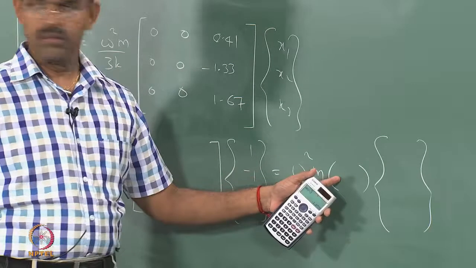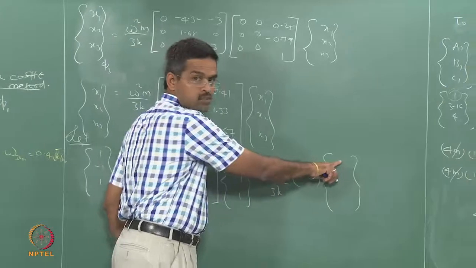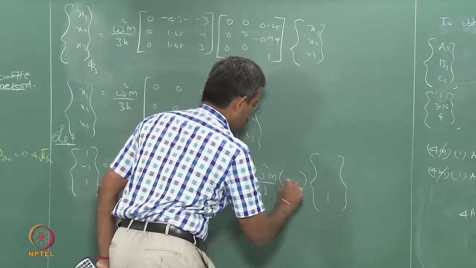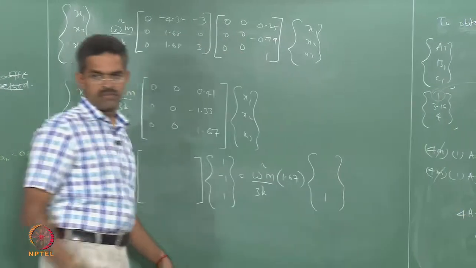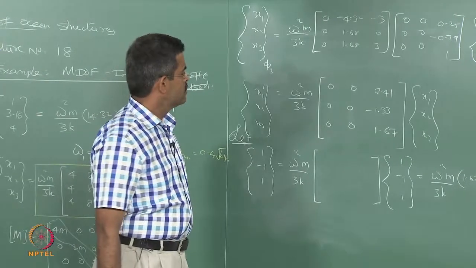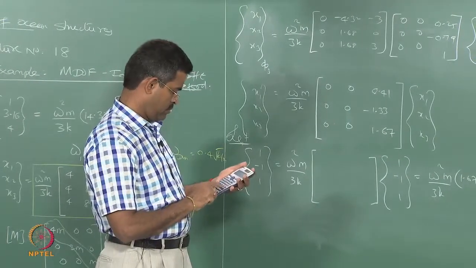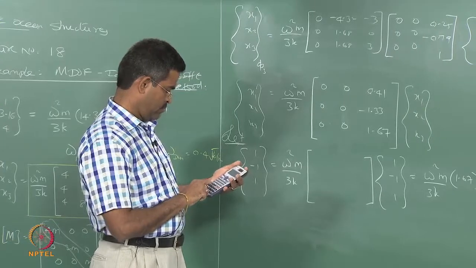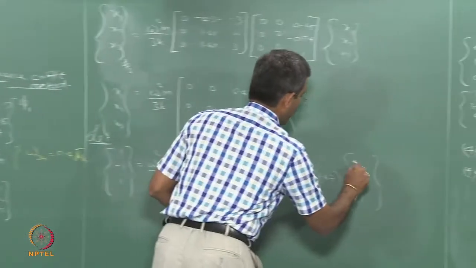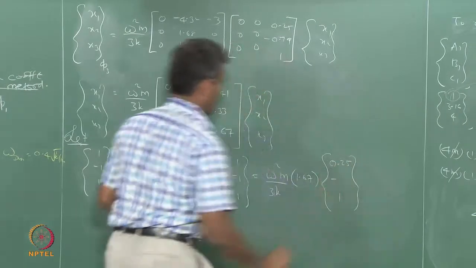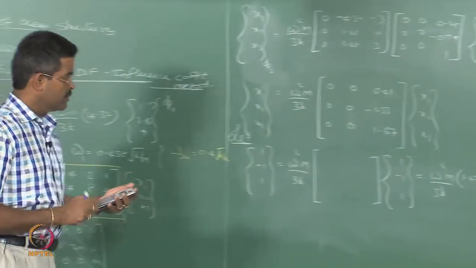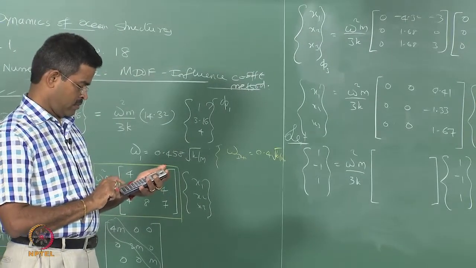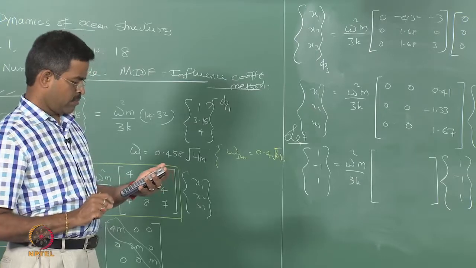No, multiplier. Then you say this is 1. Okay, I will say this as 1, I will take this as 1.67. Then this is 0.25, this is minus 0.8.